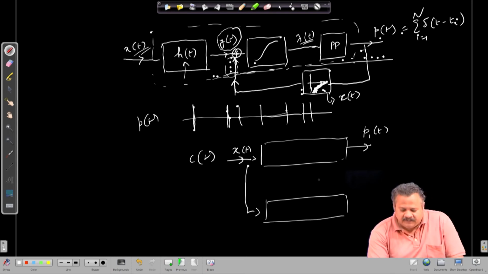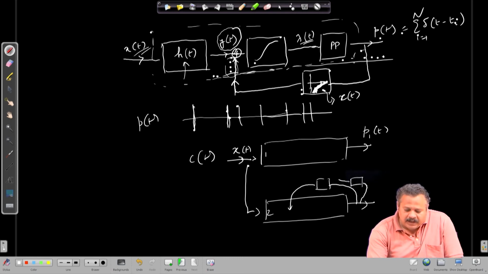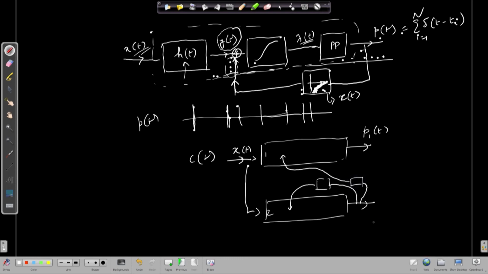Now, if this is block 1 and this is block 2, then we can have a feedback from 2 back into 2, or we can have a feedback from 2 back into 1, and similarly we will have two feedbacks from the output 1, this is P t 2.